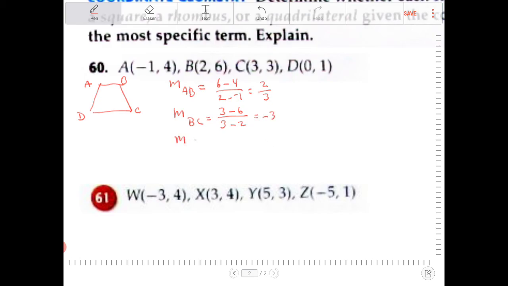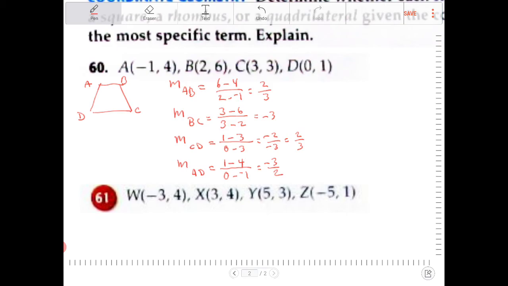And I'm going to find the slope of CD, and that is 1 minus 3 over 0 minus 3. And that will be negative 2 over negative 3, which is 2/3. And I'm going to find the slope of AD, which is 1 minus 4 over 0 minus negative 1, which is negative 3 over 2.